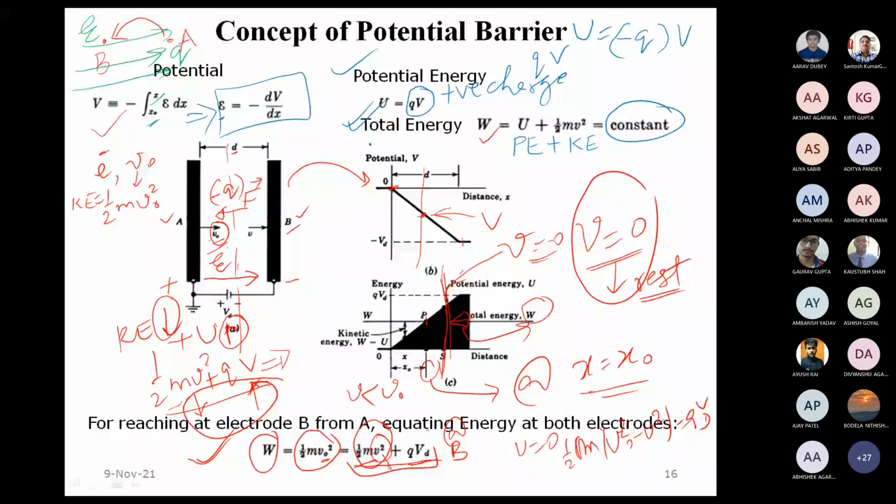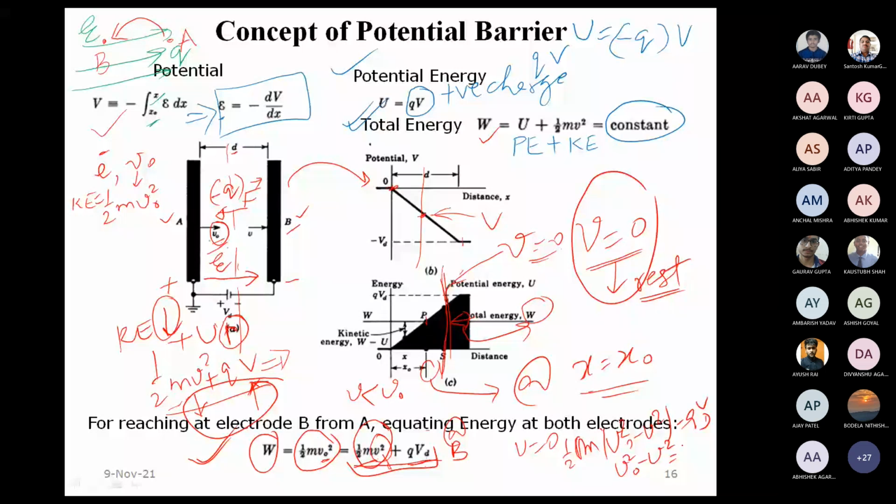So we can write v naught square minus v square is equal to 2qVd upon m.